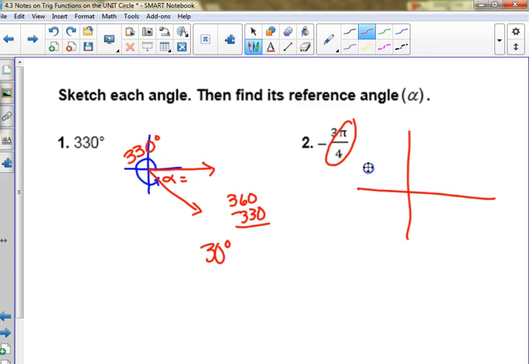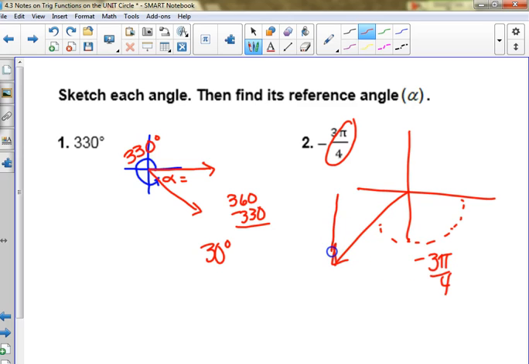So you cut it in half and you get 90. You cut it in half again and you get 45. So pi over 4 is 45. If I start going negative, 45 degrees, 45 degrees, 45 degrees, I'm going to wind up right there. Everybody good? So that's negative 3 pi over 4.